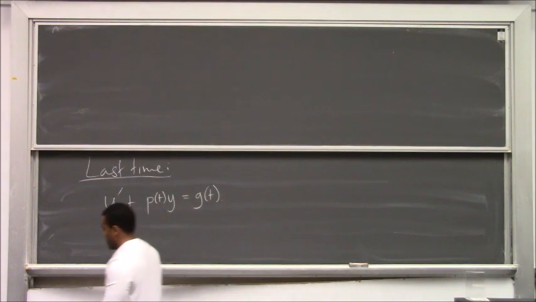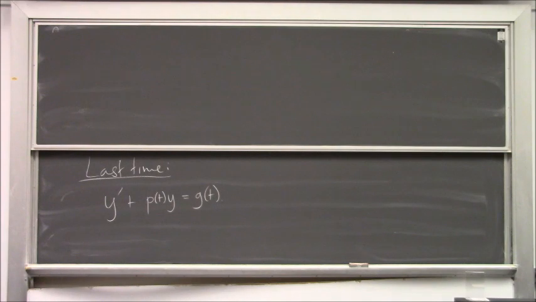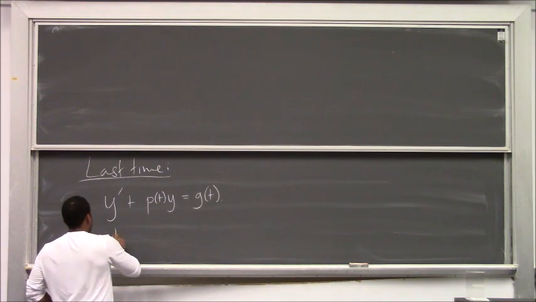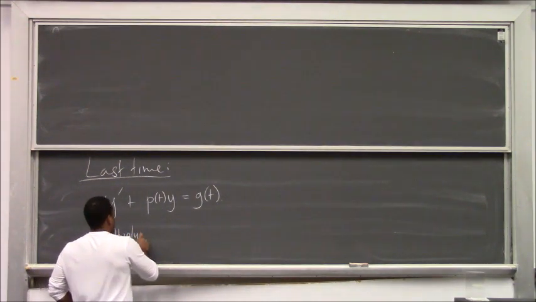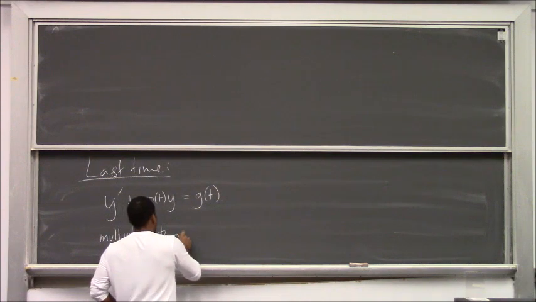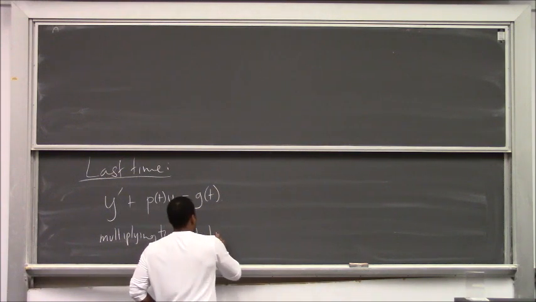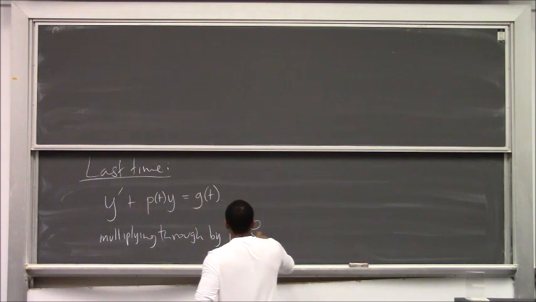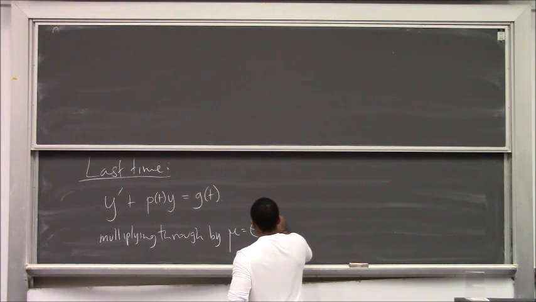We took advantage of a pattern that we saw on particular examples of the product rule. So we pretty much solved this by multiplying through by mu, which is a function itself called e to the integral of kt.